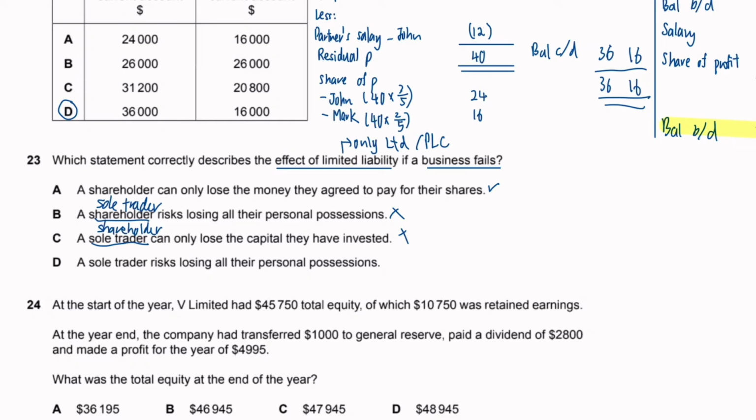Fourth, a sole trader risks losing all their personal possessions. Yeah, okay, this statement is correct, but it's talking about unlimited liability, not limited liability. So please look carefully. So A is the correct answer.